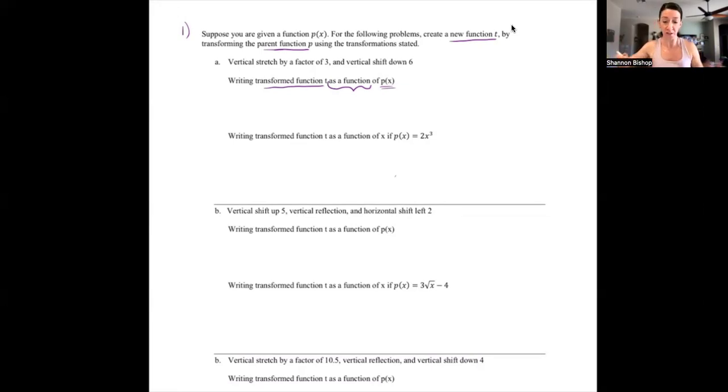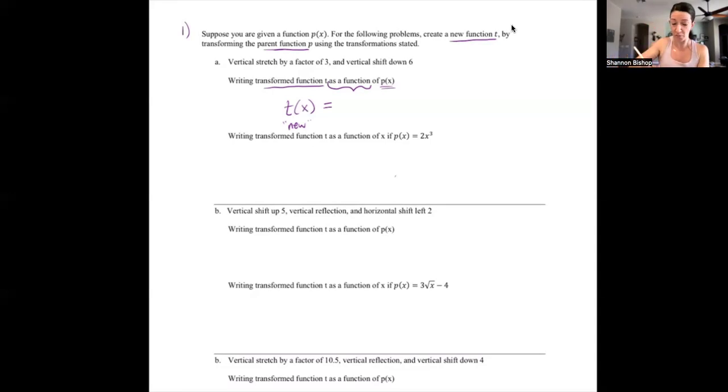So when you do it this way, you obviously have your new function, so t of x, this is the transformed function, and t of x, the new one, is going to be equal to p of x, remember p of x is the original, with whatever alterations are necessary. So in this case, it's a vertical stretch factor of 3 and a vertical shift down 6.